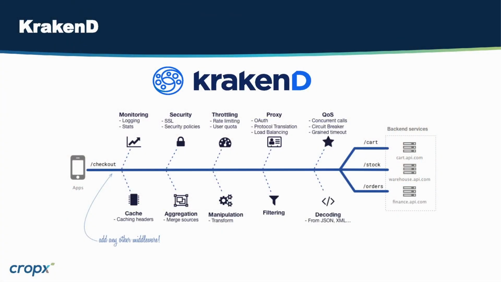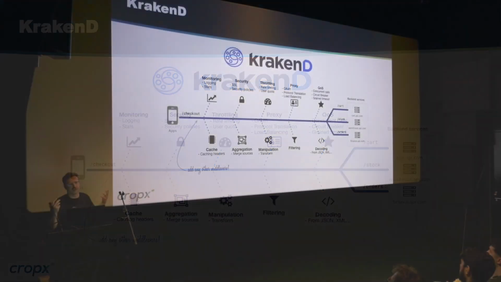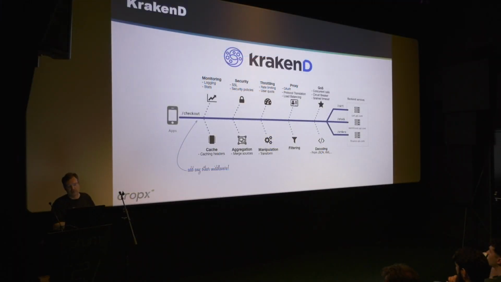KrakenD is an API gateway. It's implemented in Golang, so it's really fast and lightweight to run. It offers a lot of features right out of the box that you can use without too much work, like monitoring, security, throttling, circuit breaking. And also you can manipulate your responses and requests.